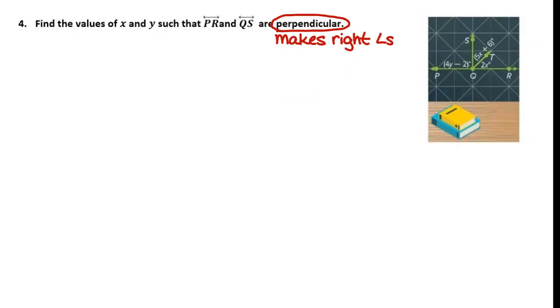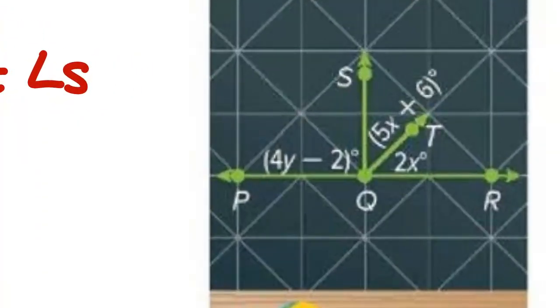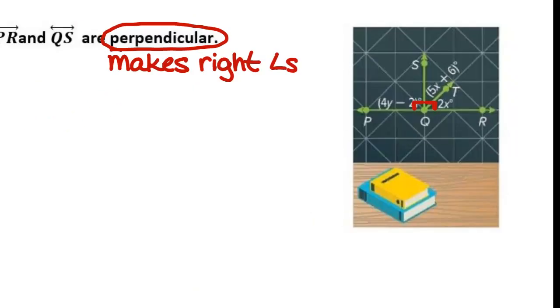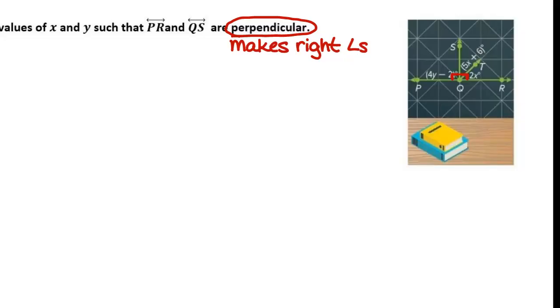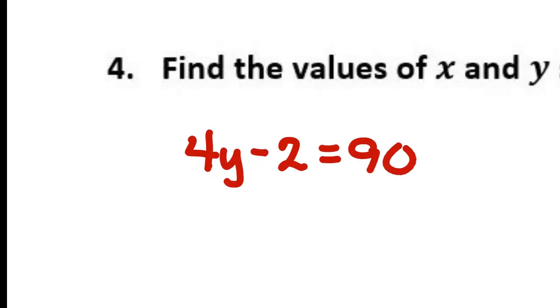So if PR and QS are intersecting, then over here is a right angle, and over here is a right angle. One of those angles is just 4y minus 2. So we would have 4y minus 2 equals 90.